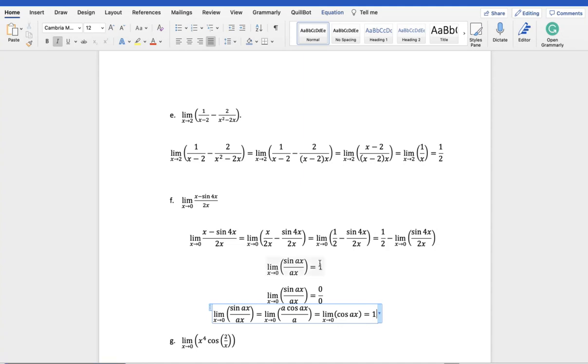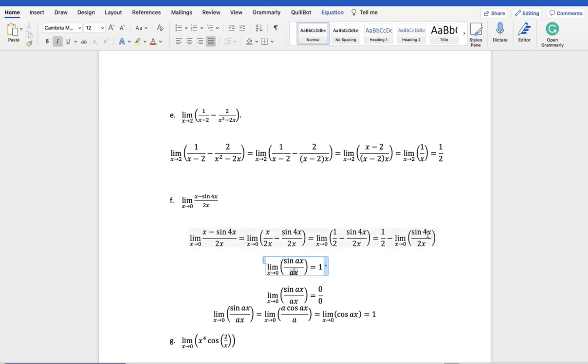So that's where the result of this limit comes from. Now you can see that for this to apply, you need to have the same factor next to x in the sine function as the one next to x in the denominator.